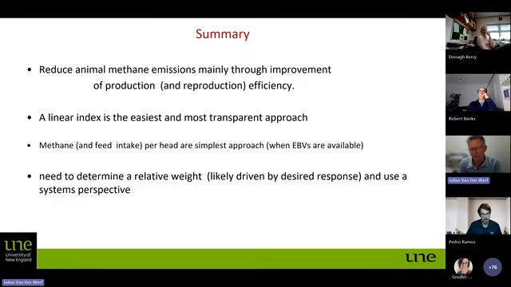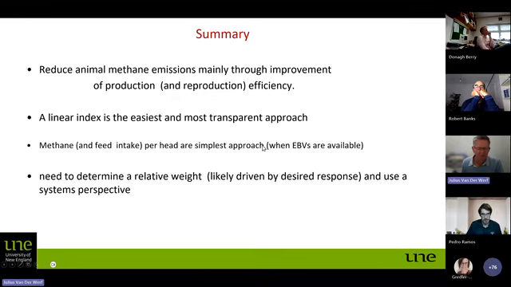It's very hard to have desired gains and proper economic values if you play around with ratio traits in your breeding objective. And so you could just include methane per head and then use your flock model to work out how that affects intensity and see what you want.